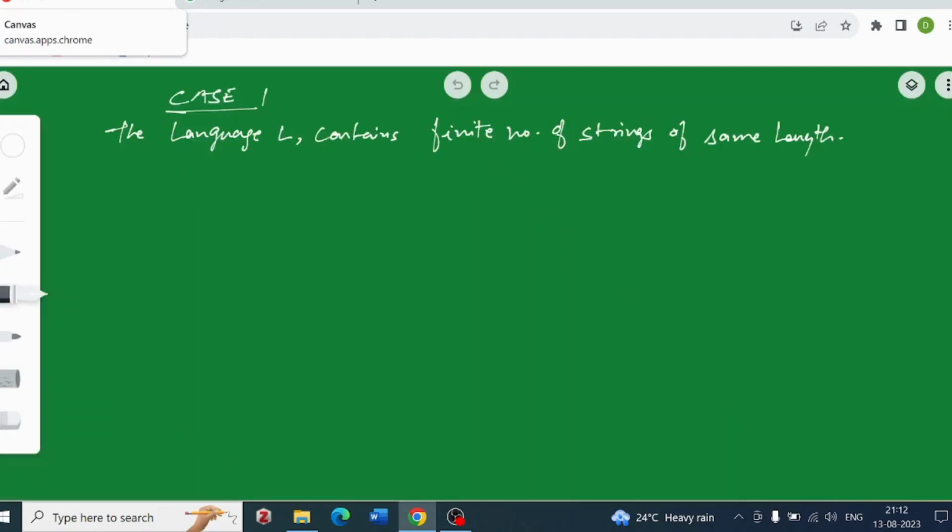So case number 1 is the case in which the language given over the alphabet sigma contains a finite number of strings and all strings are of the same length.